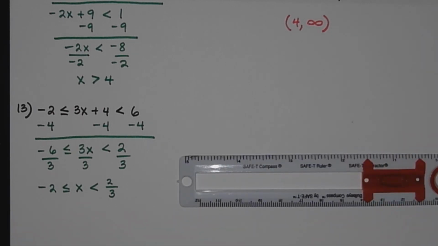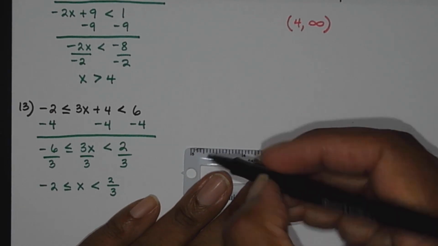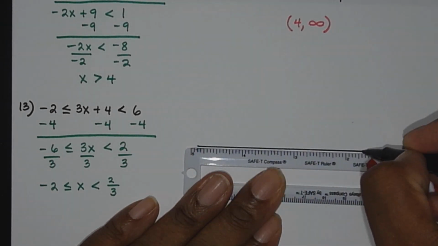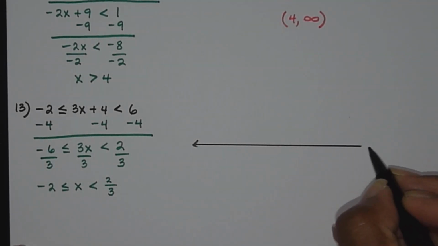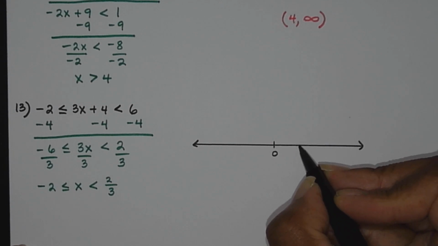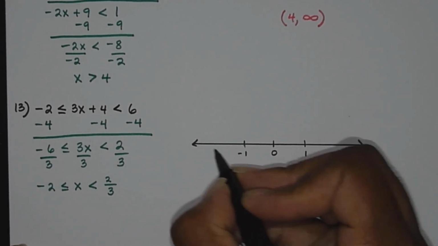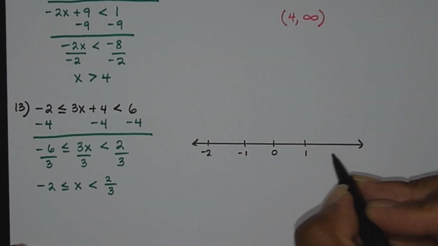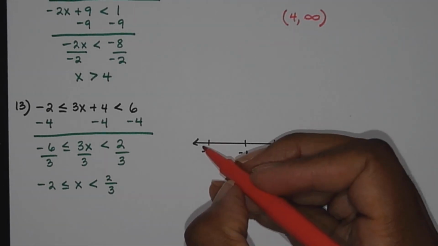Next, I'm going to graph the solution set on a number line. Let's see, put 1 here, negative 1, negative 2. For negative 2, would I need a bracket or parentheses?